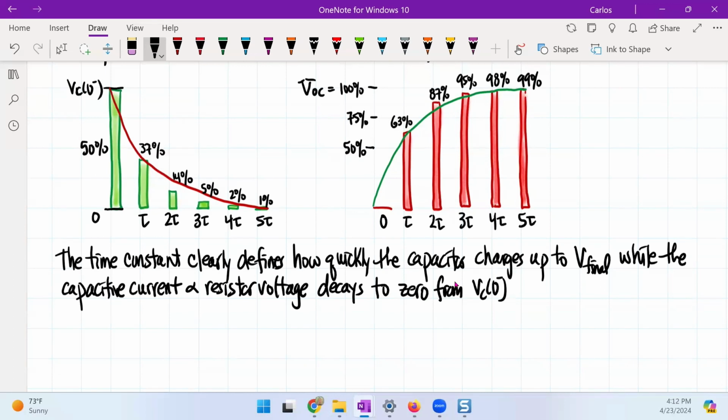Now, the charging curve is exponential, right?